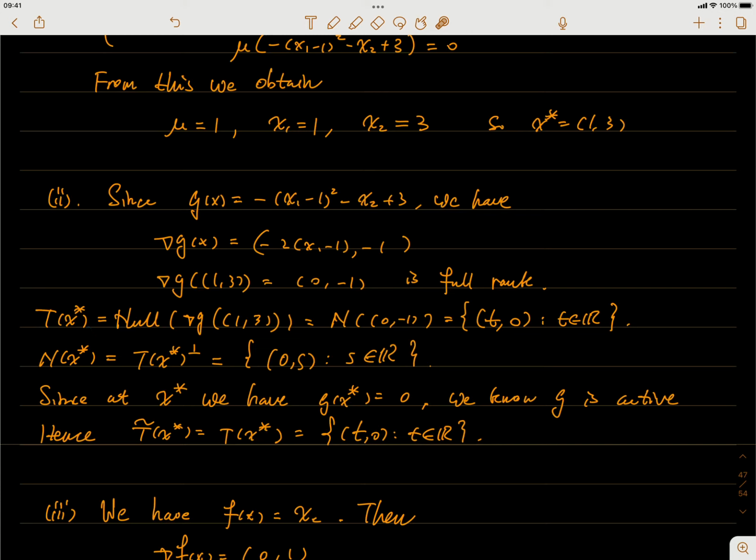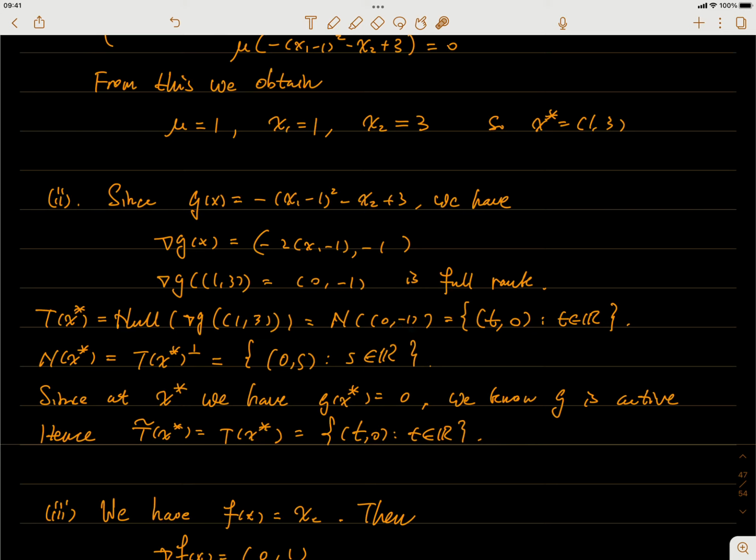Now, to get those three sets, the first set, T(x star), is the null space of the Jacobian of the vector function formed by the active constraint functions. There is only one constraint function that is active, and that's g. So the gradient of g, as we said, is just the matrix (0, negative 1). The null space of this will be such that the second component has to be 0.